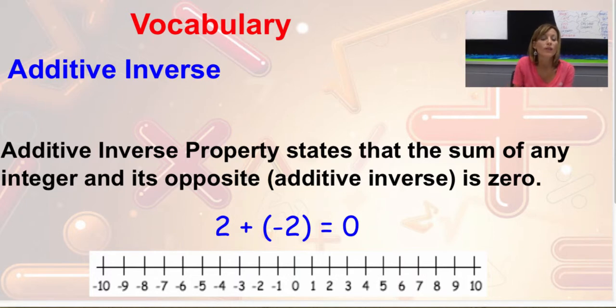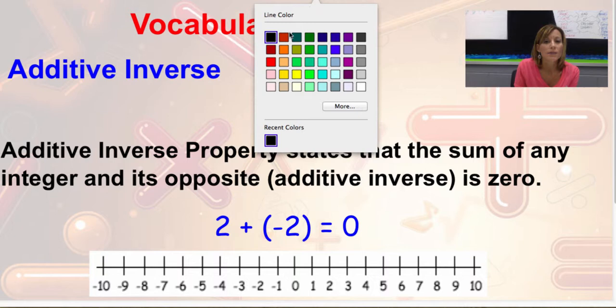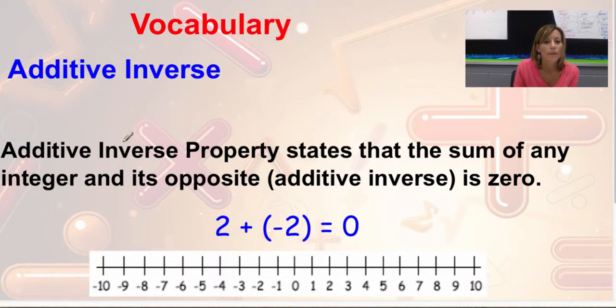We do have one vocabulary word to get down as well. It's called the additive inverse. So you're going to go ahead and write that down, additive inverse. The additive inverse property states that the sum of any integer and its opposite, which is also called the additive inverse, is 0.